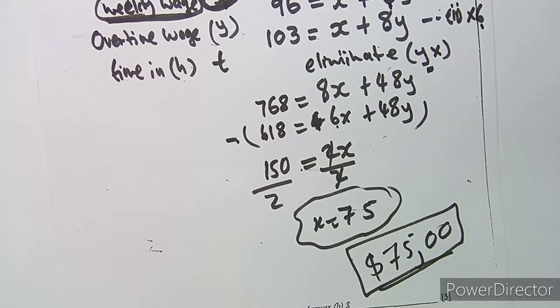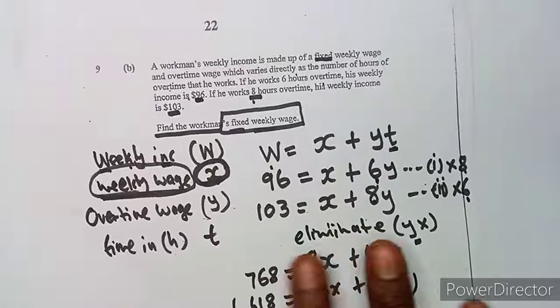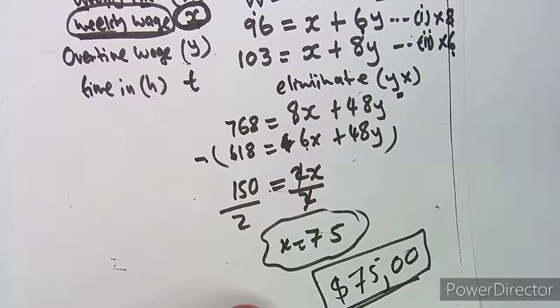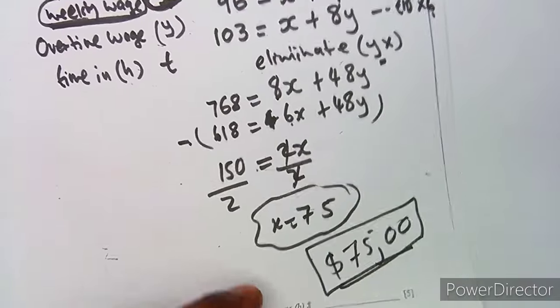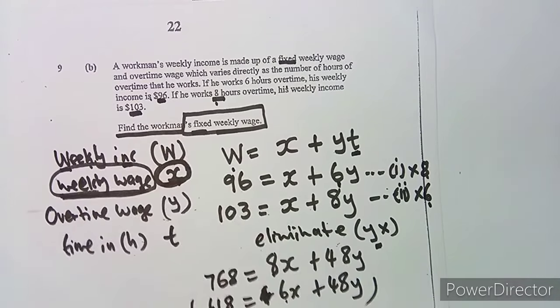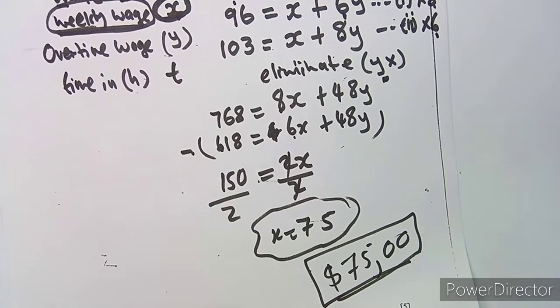That is the value of X. You could also have solved simultaneously for Y, then calculated the value of X. What is important is the actual answer that represents the workman's fixed weekly wage. That is the one that matters, the final answer. The way you get to it can differ, but what is our answer? That is what is important.